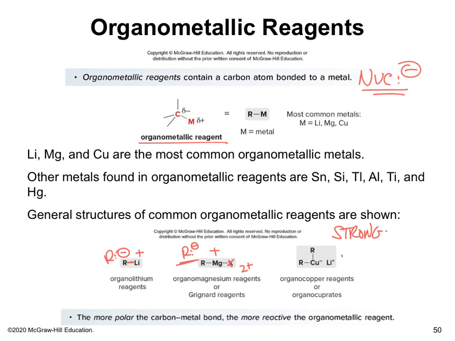A mild nucleophile is copper. So here's your copper, and it's only going to deliver 1 R group. And these organocuprates are special because they can deliver only 1. So this is going to be a special reagent.